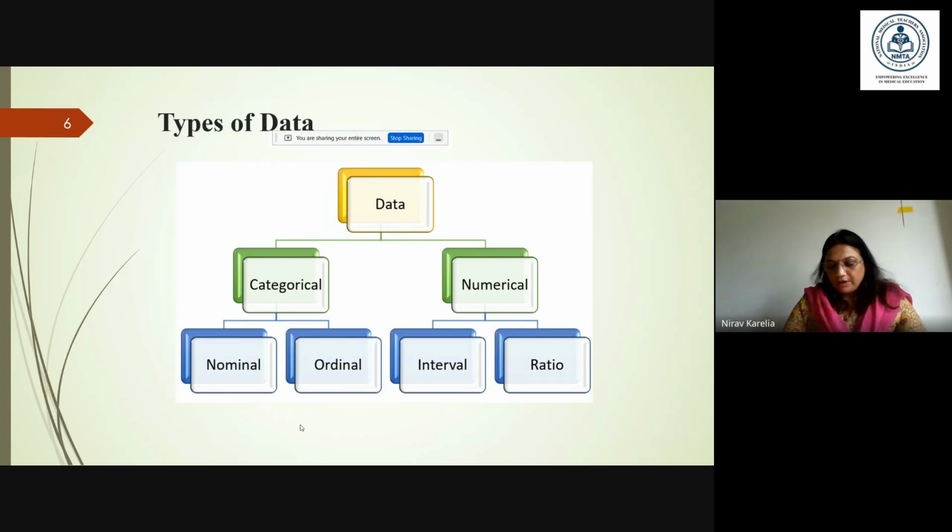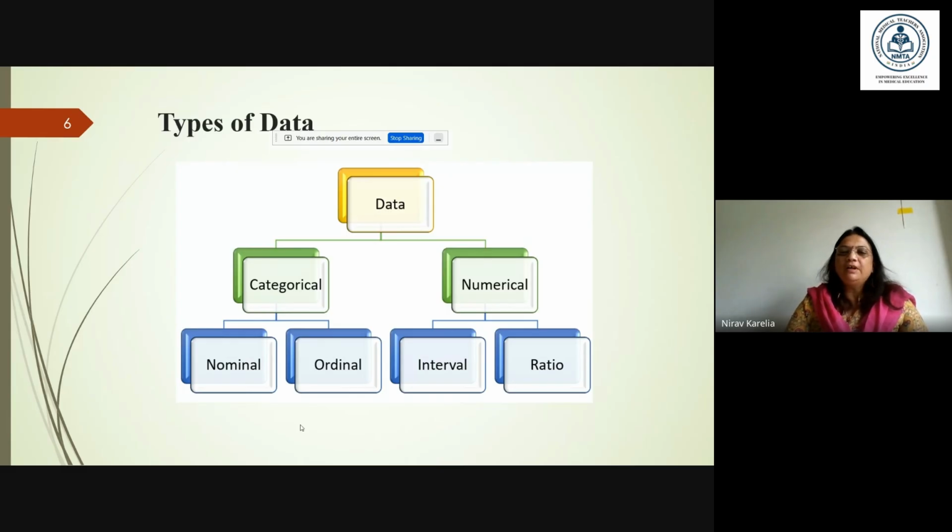Now, what is the major thing in categorical data, whether nominal or ordinal? We cannot apply any mathematical operation: summation, division, multiplication, none of these can be applied on categorical data.